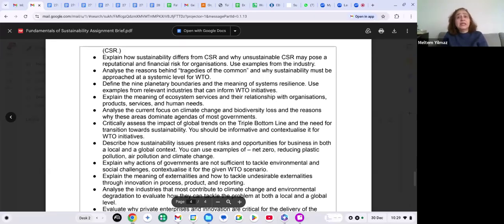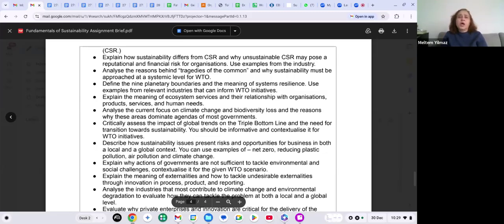So please give some examples for some private sectors and business models which are also working on the ethics of sustainability. Is this unachievable, or have they dismissed their achievement?